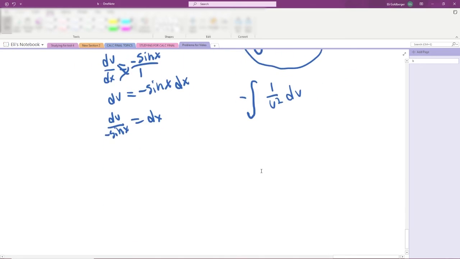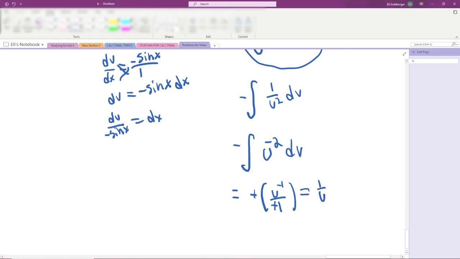And from here it's pretty easy. Let's rewrite that as negative integral of u to the negative 2 du. And then we just do negative u to the negative 1 over negative 1. These cancel out, so that just simplifies to 1 over u.